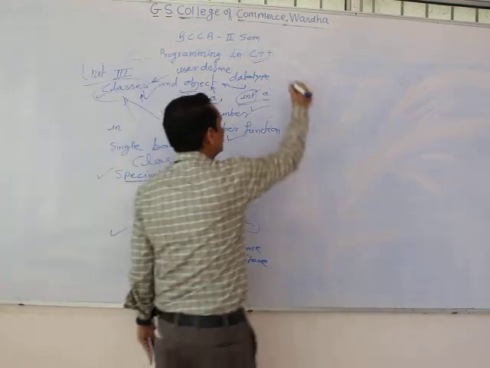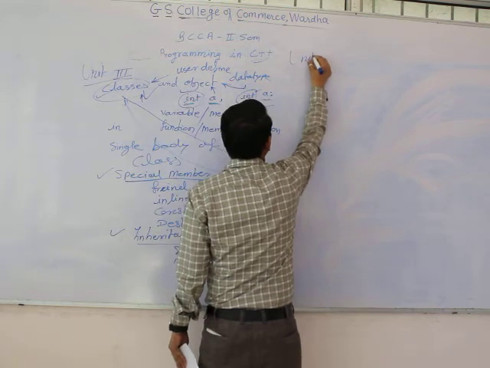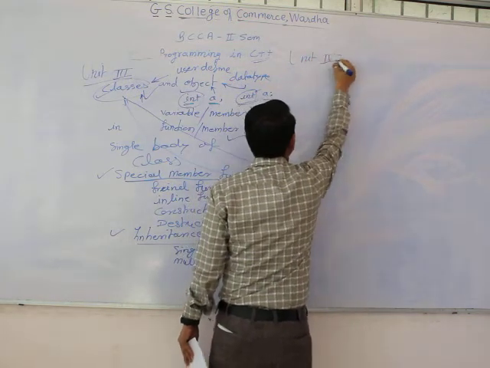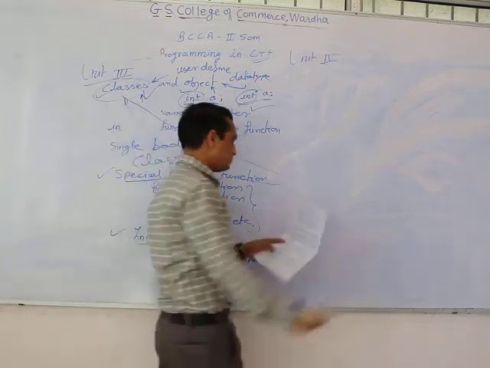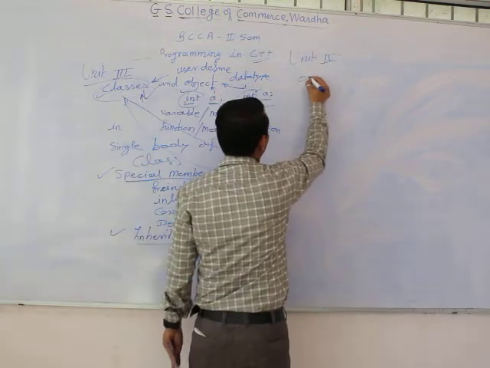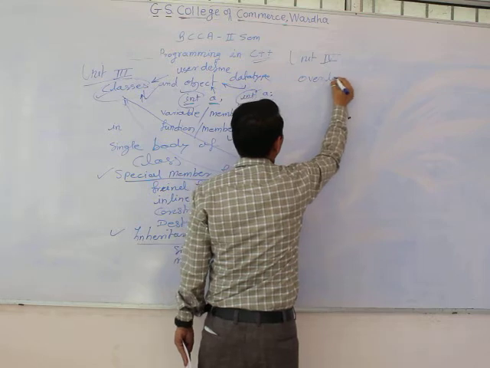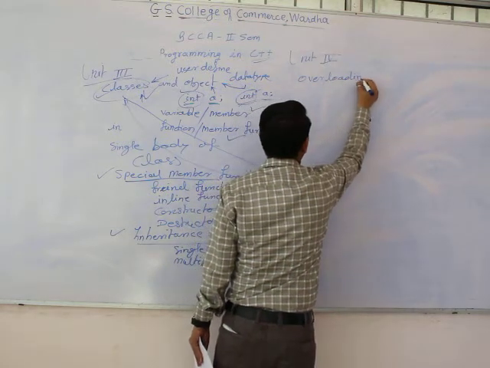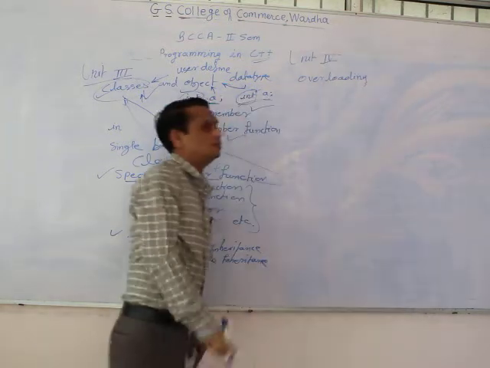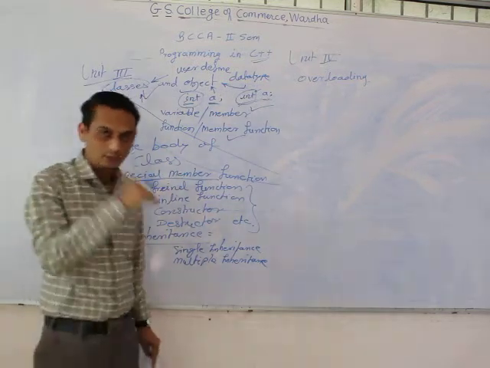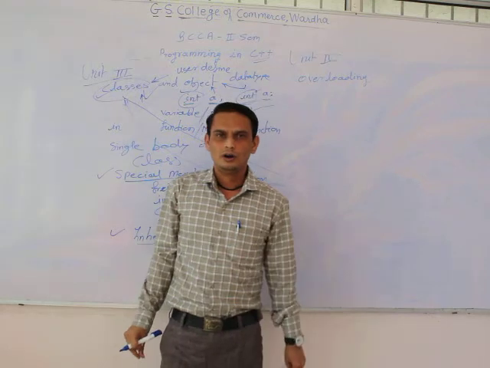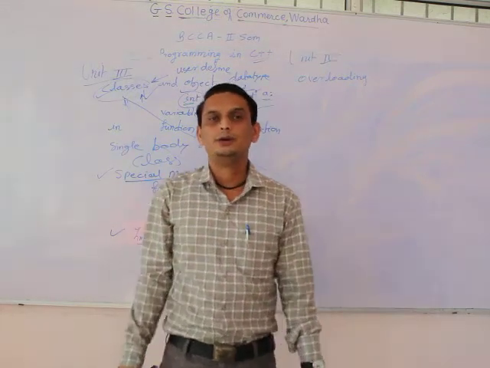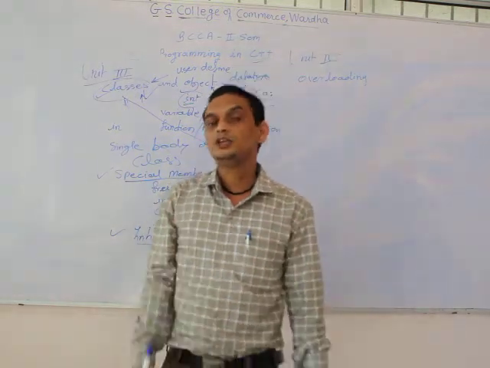Now unit 4. In unit 4, the first chapter is overloading. We already know that the same name of a variable cannot be used in a single scope.